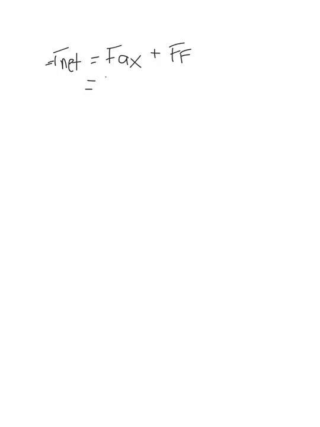Our FAX is 111.1 to the right, so it's positive, plus our friction, 82.25, but it's negative because it's going to the left. So when I subtract those, I'm going to get 28.85 newtons. It's positive, so my F net is still going towards the right.